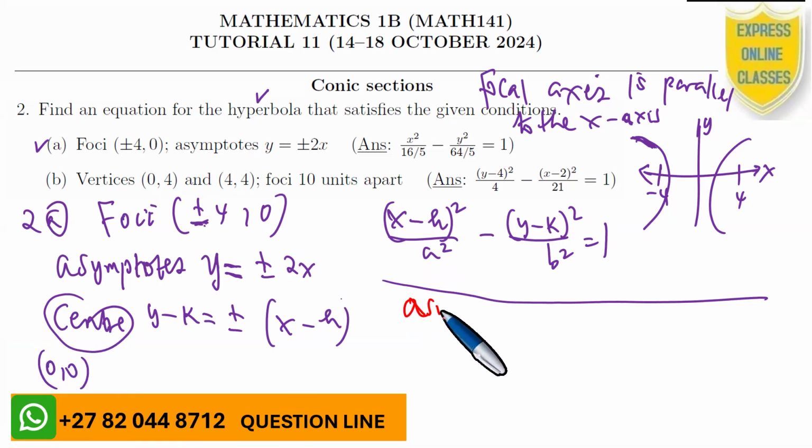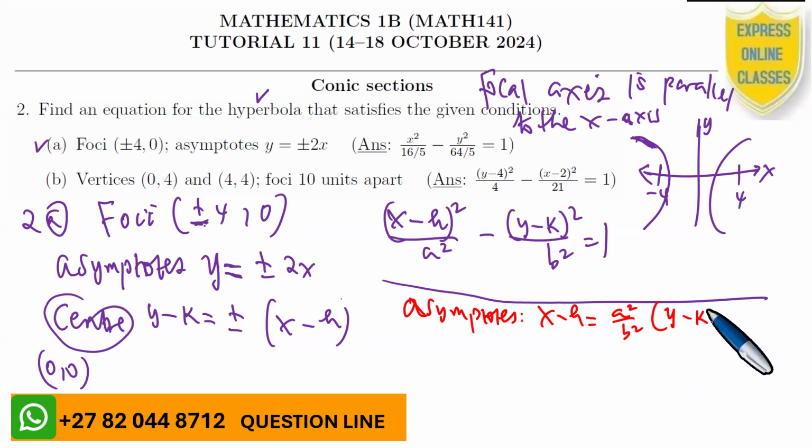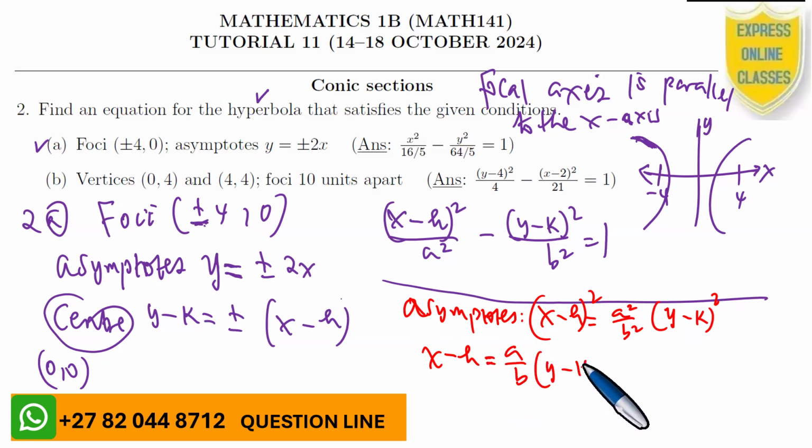But for the asymptotes, you have x minus h squared over a squared equals y minus k squared over b squared, which is a over b times y minus k.